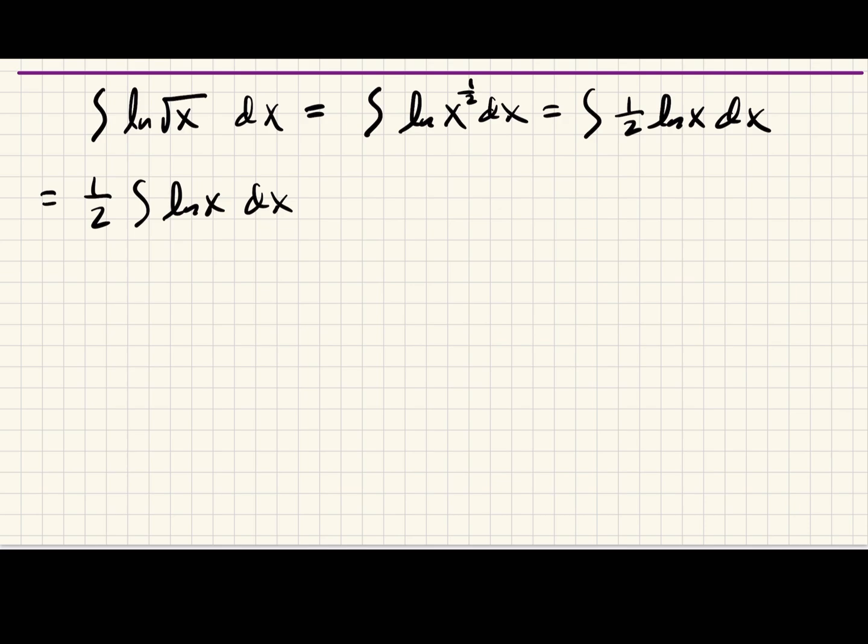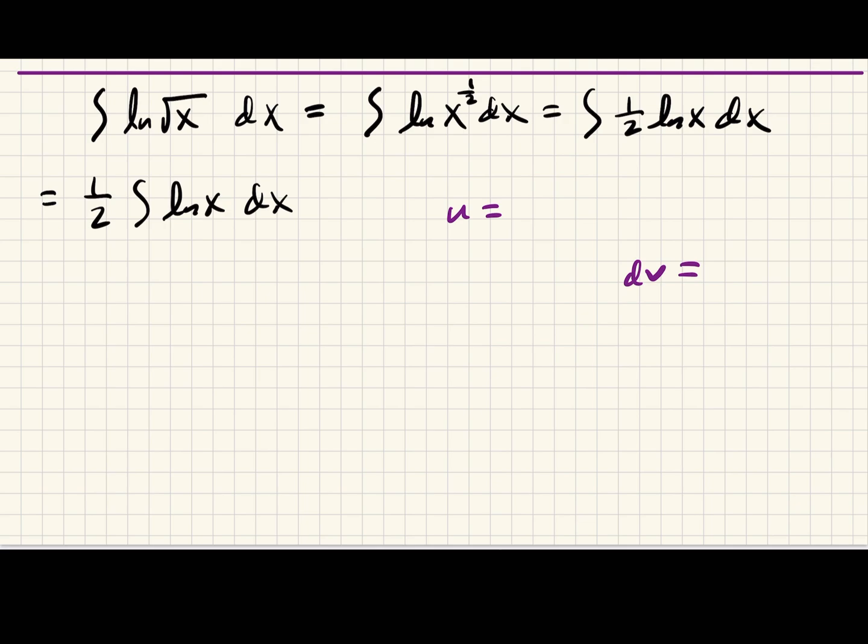So, I mean, is that better? I mean, it kind of is, right? Because I don't have that square root on there anymore, so that's better. I think I need to do this thing here where I decide on a u and a dv. So if I find the derivative of natural log x, it gets simpler, doesn't it?